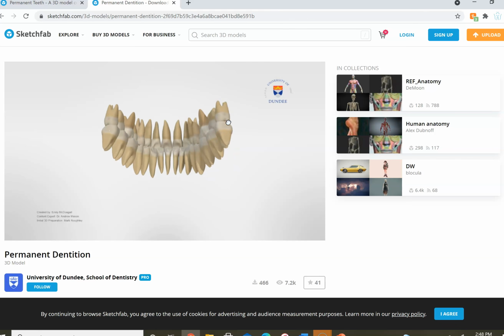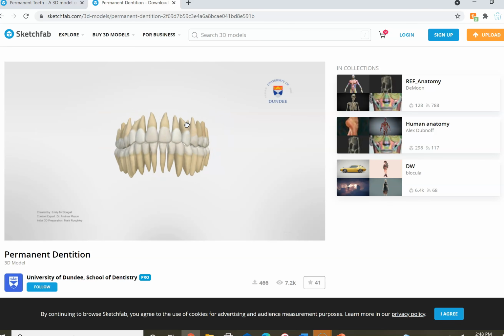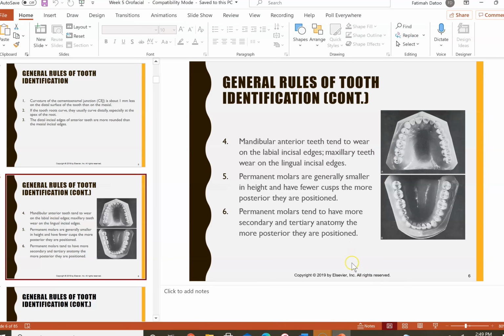You would see more wear on the lingual surfaces, because when the max and mand close, the mandibular incisors hit the lingual surface of the maxillary incisors. So in the maxillary, the wear and tear you would see would be on the lingual side. In the mandibular incisors, the wear you would see would be on the labial side. That's what that point was referring to.